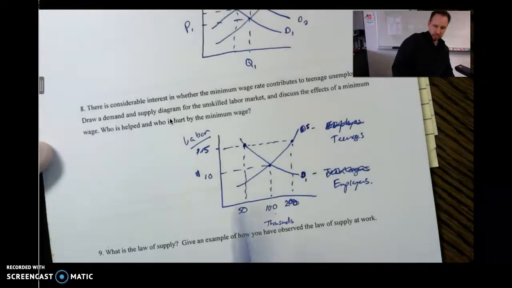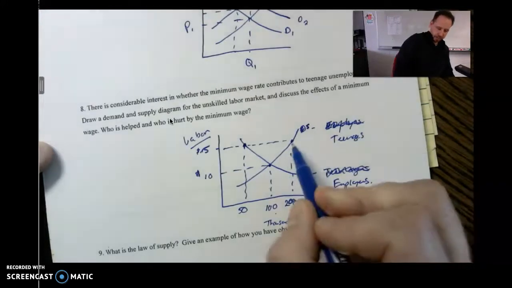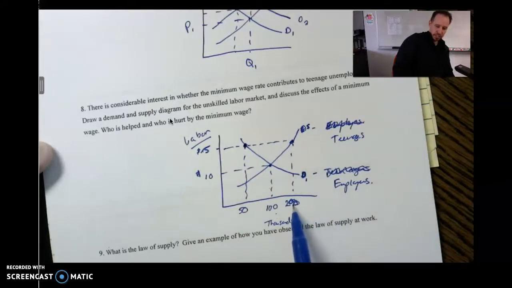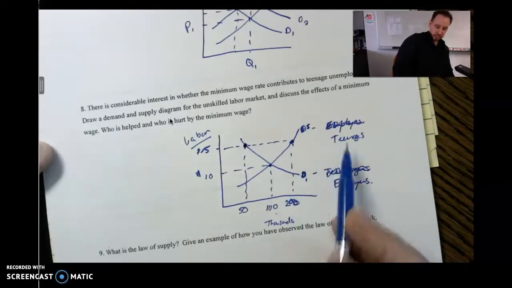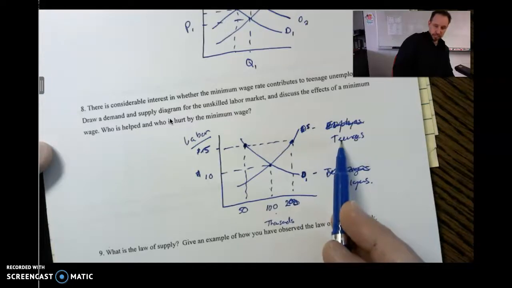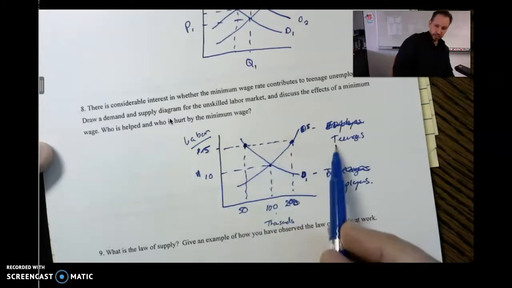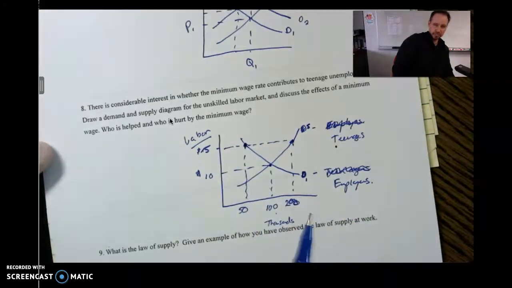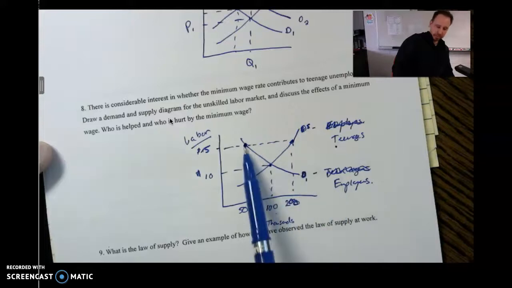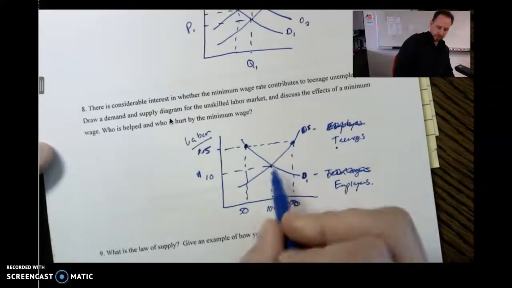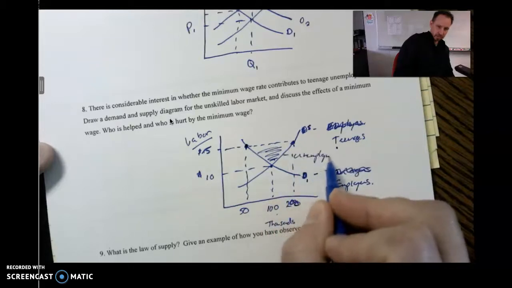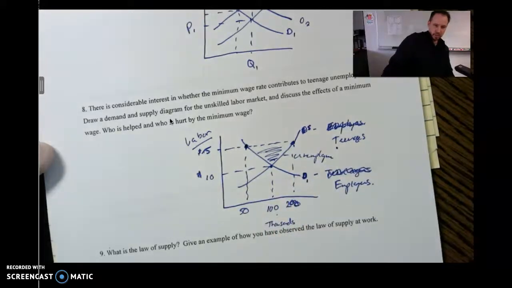So just like we saw in the previous one, what happens when you have 200,000 hours supplied? Teenagers are out there looking for jobs because, hey, $15 an hour, that's a great thing. I want to work. I want to get more hours. Put me on. While at the same time, employers are like, nope, sorry, we don't need you. We only have this many hours that need to be filled this week. So what we have here is unemployment. Hope that helps.